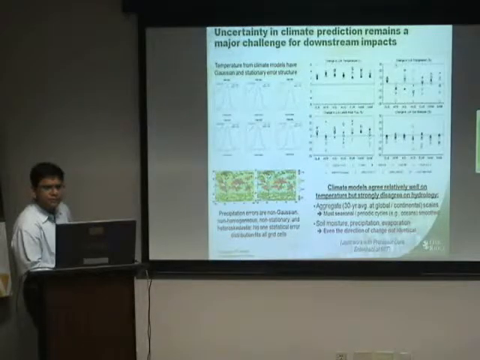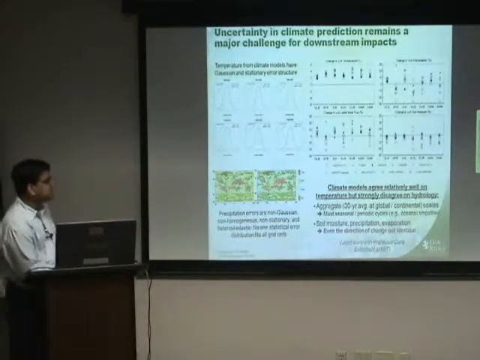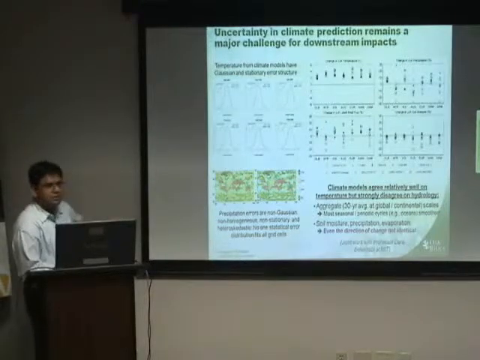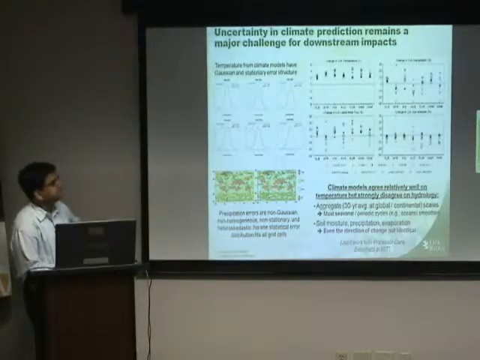They are well behaved, so they can be handled as mu plus or minus n sigma kind of bounds. When we look at precipitation, however, these errors are non-Gaussian, non-homogeneous, and non-stationary, both in the mean and the variance, and no one statistical error distribution fits all. That immediately becomes interesting, especially in the tropical regions.